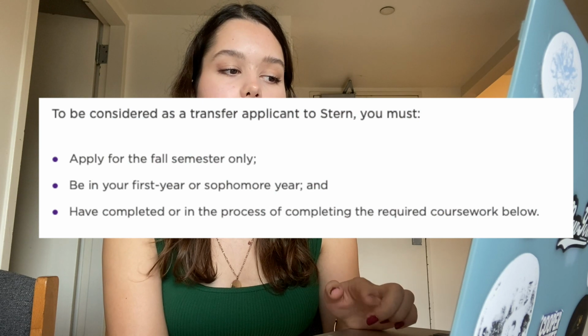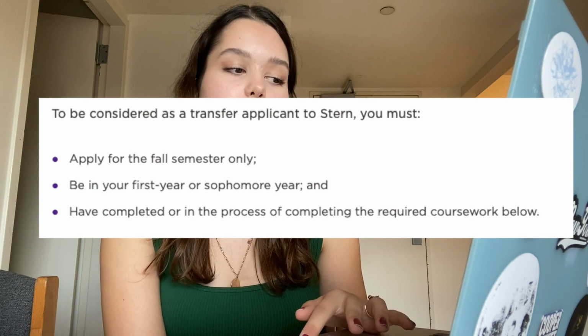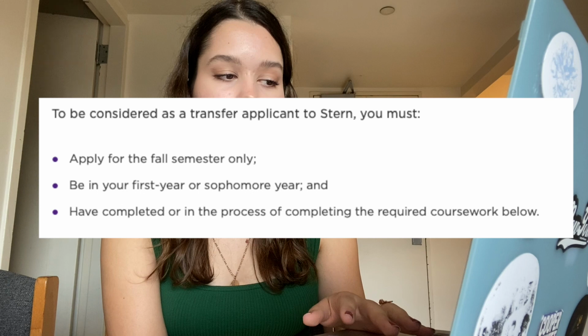So the deadline to submit the form for spring start is November 1st, and for summer or fall start, it's March 1st. However, it says on the Stern website that to be considered as a transfer applicant to Stern, you must apply for the fall semester only. So I'm not really sure if you can apply for a spring or summer start.